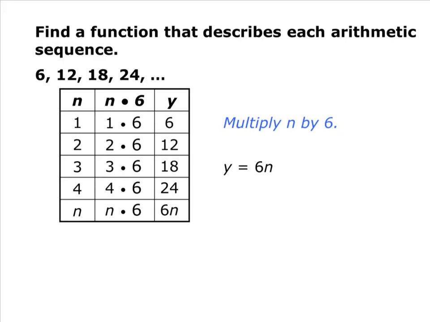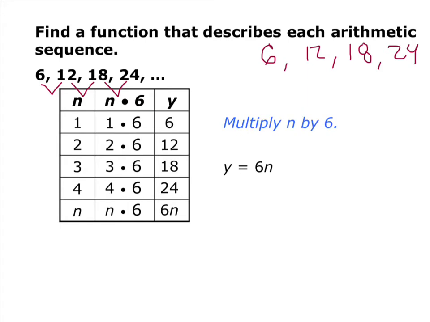Alright, this one is describing our arithmetic sequence, and we're looking for a common difference. But what it wants us to do is identify the value of each of these if they were in a table. Okay, and whenever we have a sequence like this, like our 6, 12, 18, 24, what it's asking us is what are we doing to its number in the sequence?